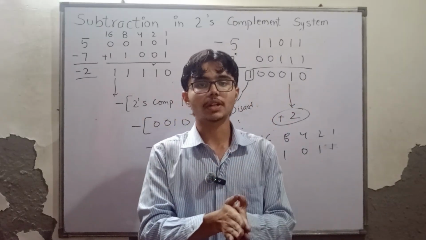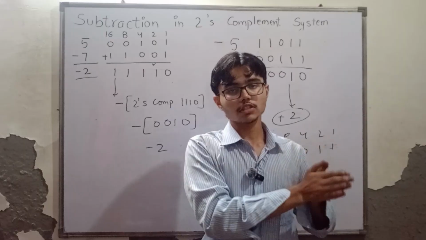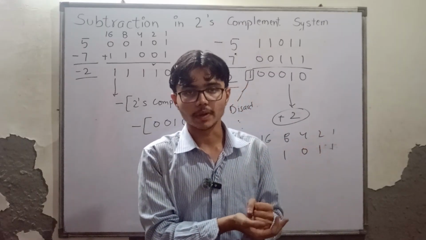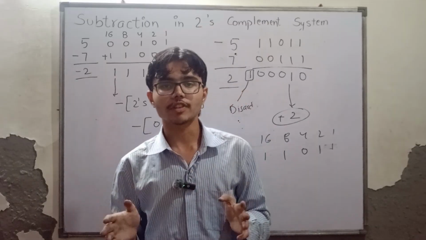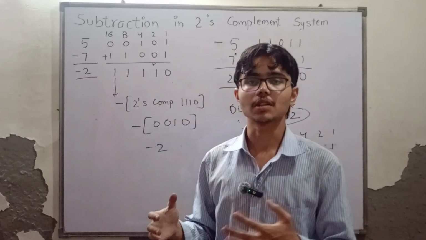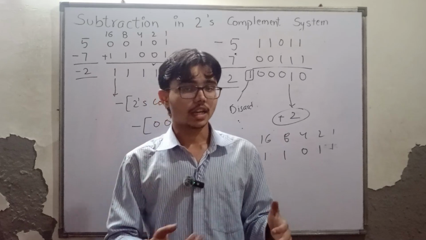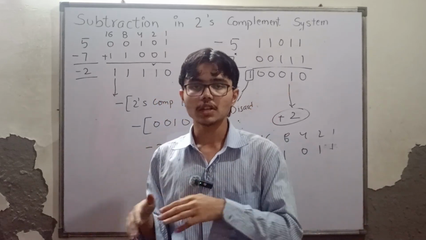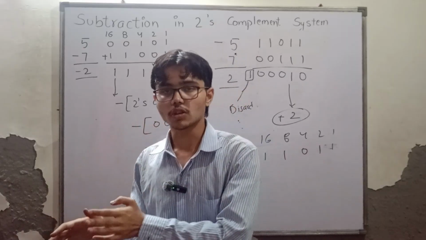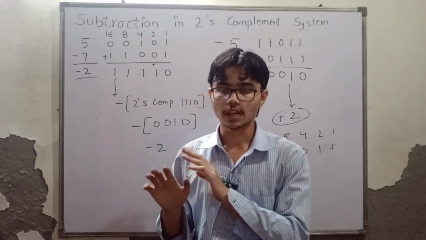So I just want to summarize in a few words. In 1's complement, to subtract, you just have to see which number has the minus sign. If there is a number like minus 5, represent it in 1's complement form and add it with the other number, and you get the answer.